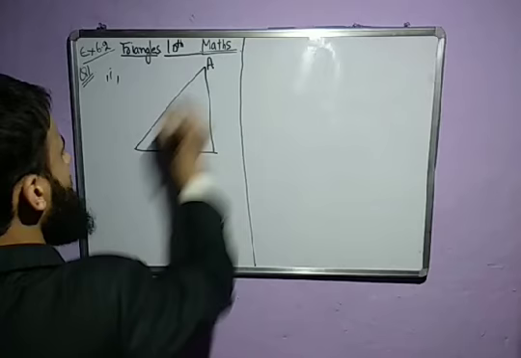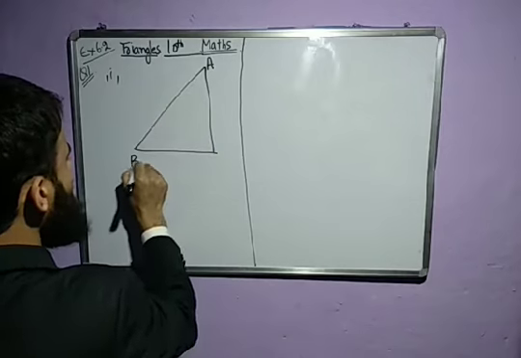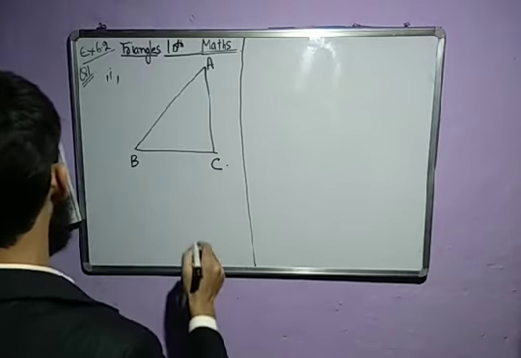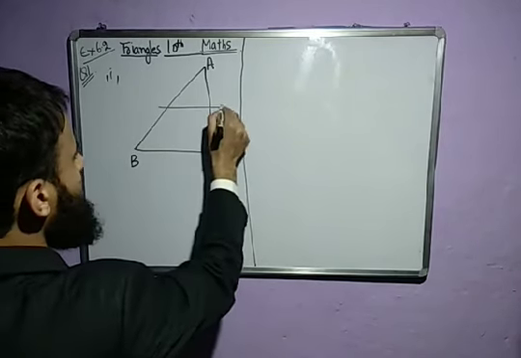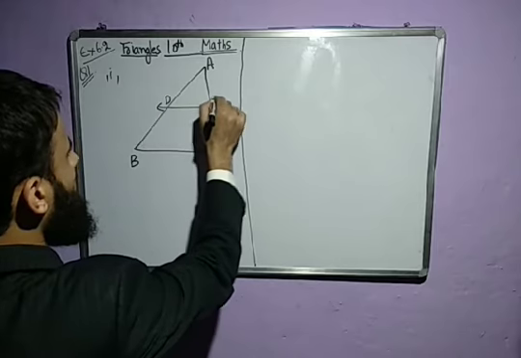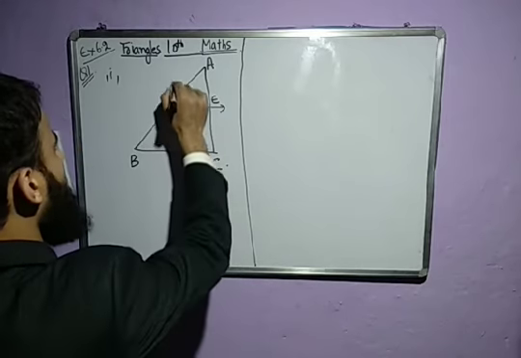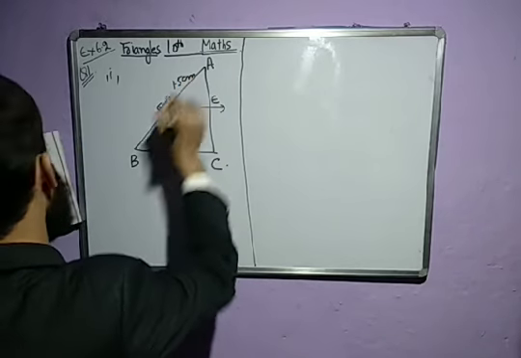Okay. Now, first question. So we'll take exercise 6.2. This is the first question. There is a figure given. Figure is like this. This is my figure A, this is B, and this is C. Okay, and there is a line DE. Okay, and this is 1.5 centimeter.